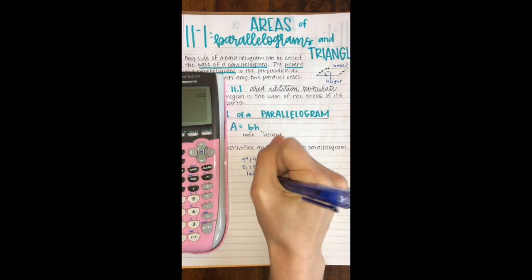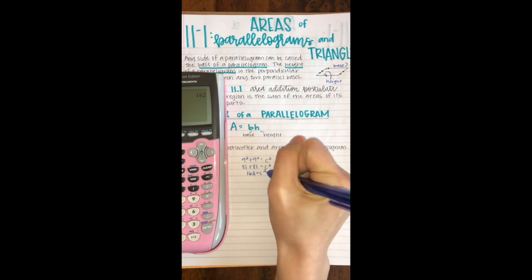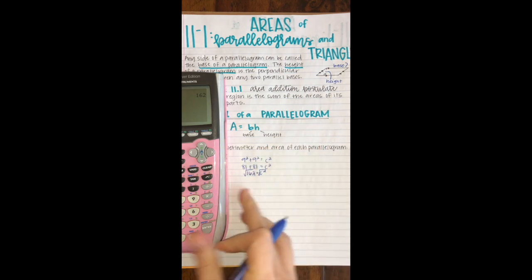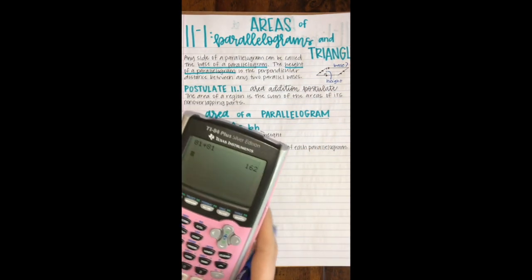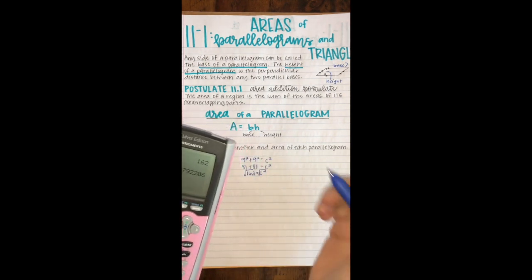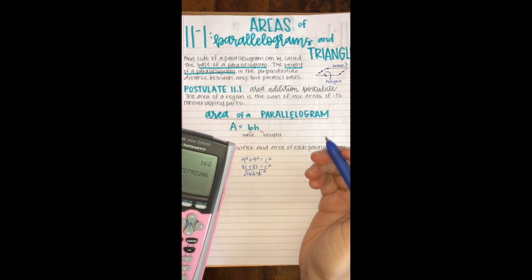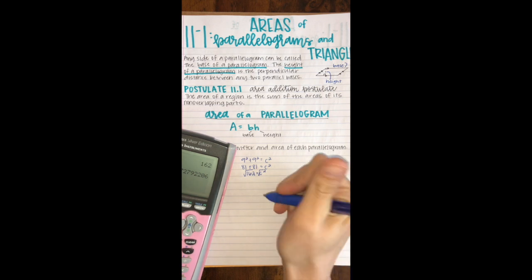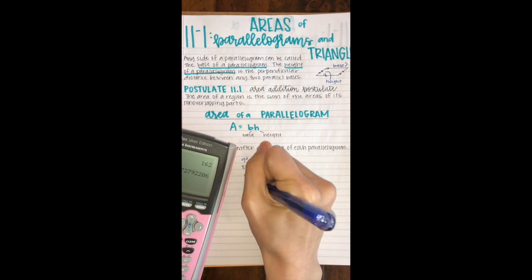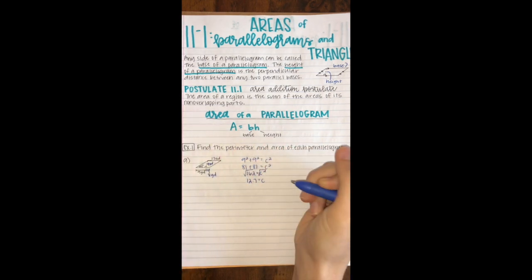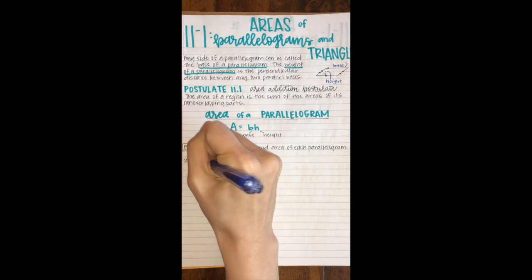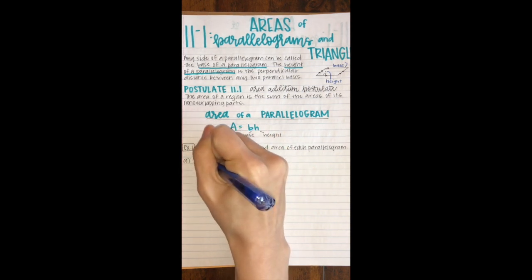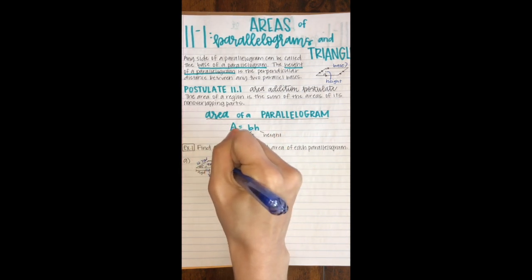So 162 equals c squared. Take the square root. And we get 12, and we're just going to do 12.7. We don't need to do too many decimal places. So 12.7 equals c. So that means that this side is 12.7 yards, and so is this side.